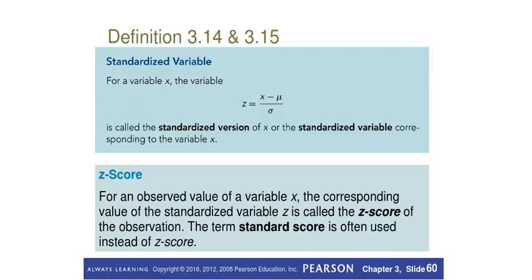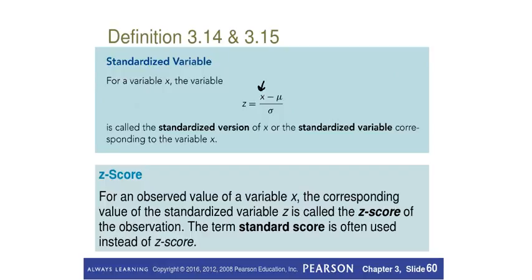One way of measuring where a piece of data lies in comparison to either the population or the sample is to use a standardized variable. We call it a standard score sometimes. A Z-score. And the way it goes is that for any particular value of x, we're going to subtract the mean and divide by the standard deviation.